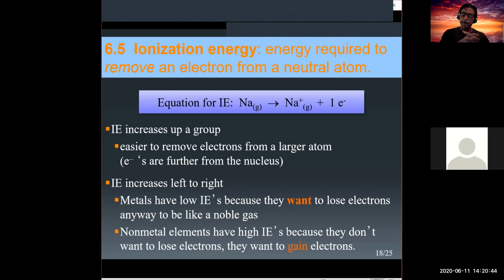Yes, we can get an electron off, but they're going to hold on to what they have much tighter than the metals themselves. So our trend is that from left to right, ionization energy increases, and ionization energy increases as we go up the periodic table.